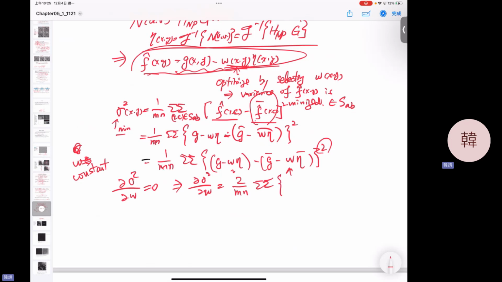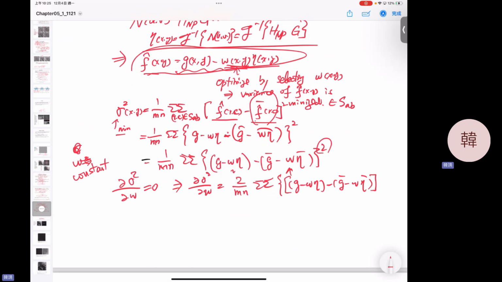You just write down the equation once, and then take the derivative with respect to W separately. So we copy this one, G minus W eta minus G bar minus W eta average, and then this one times everything's derivative with respect to W.